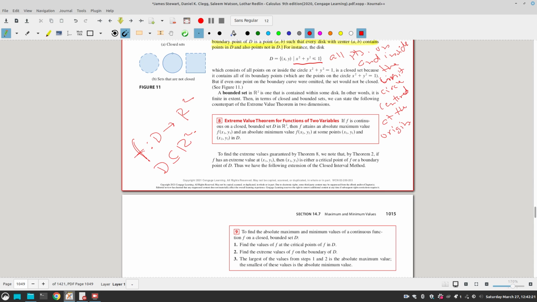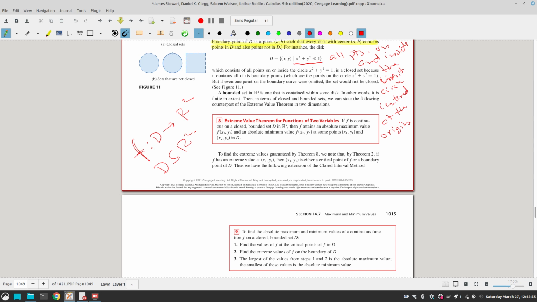Now, if f is continuous on a closed bounded set D in R2, then f will attain an absolute maximum value, and f will attain an absolute minimum value somewhere inside D, right? This is guaranteed. Now, you're probably familiar with the extreme value theorem in one dimension.